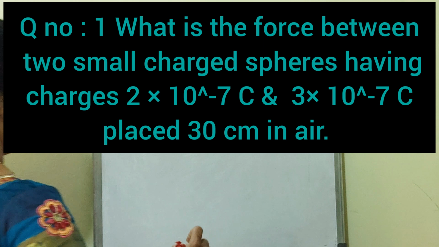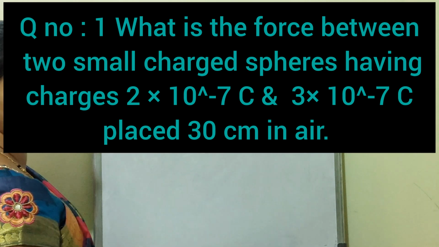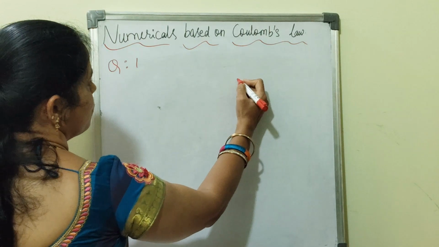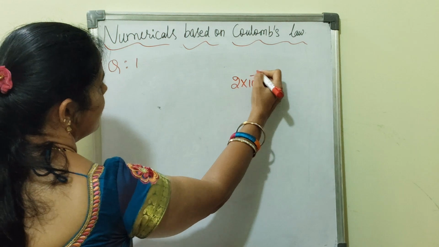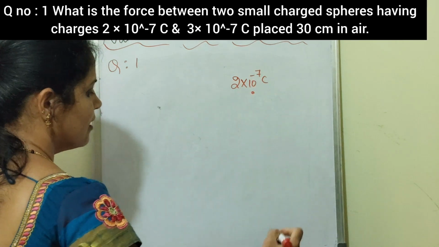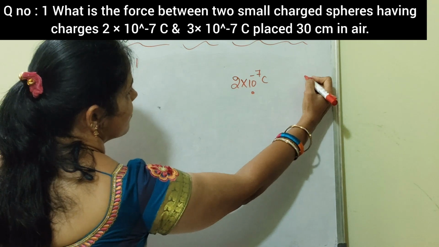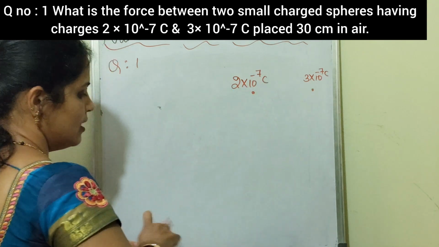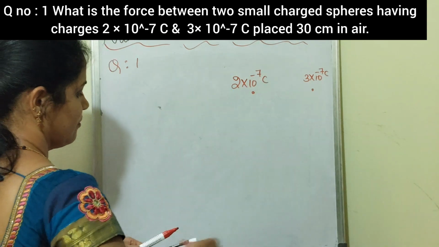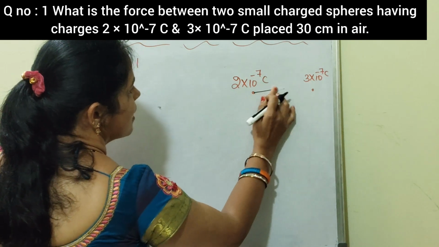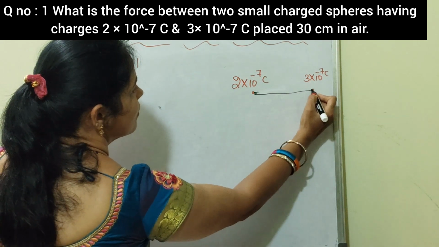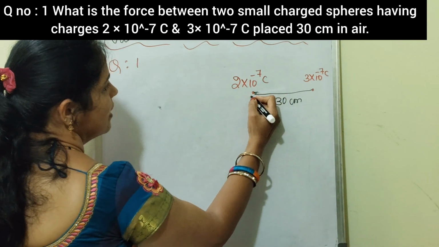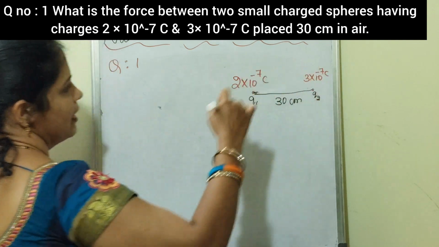You are asked to find the force between two small charged spheres. These two are the charges. They are separated by a distance of 30 centimeter and placed in air medium.